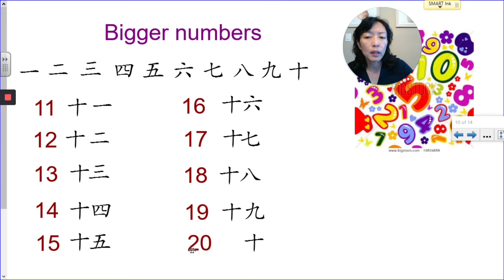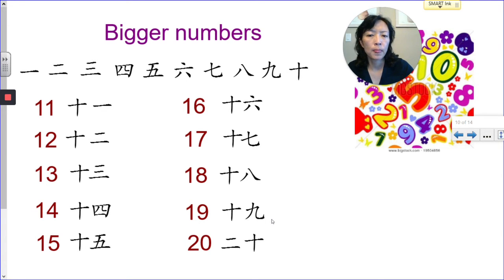You need a 2. So you are making a 2 10, which is 20. And think about how you make 30.